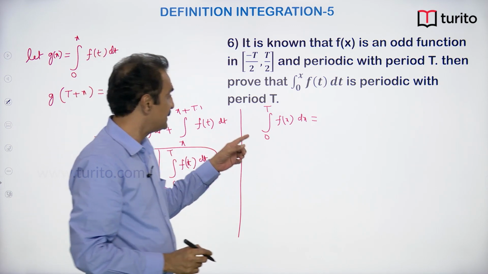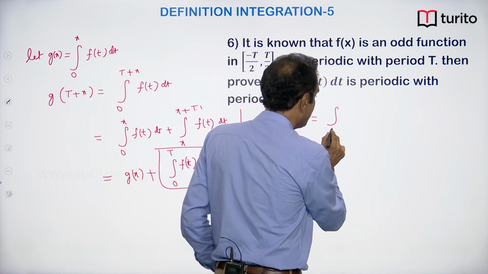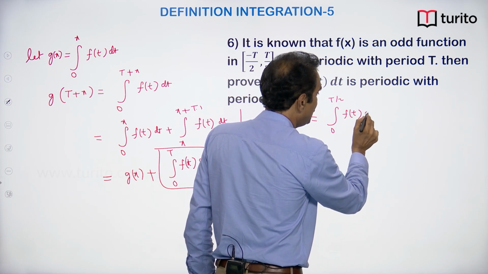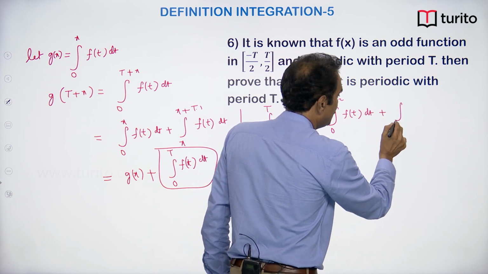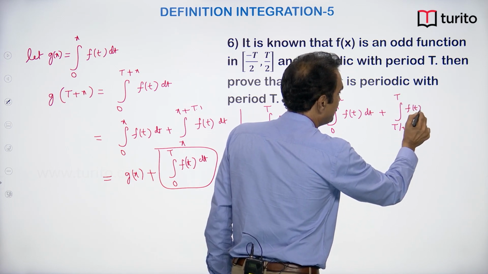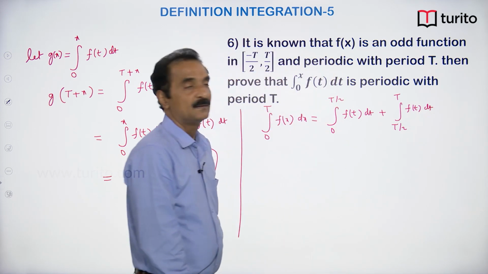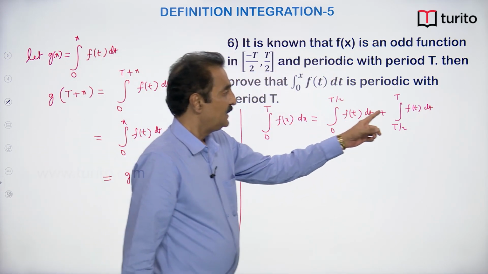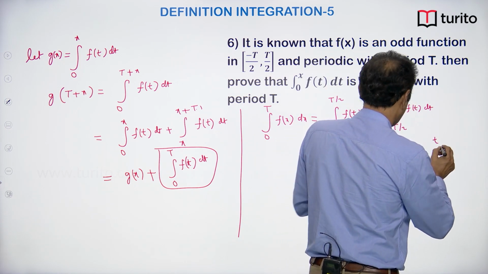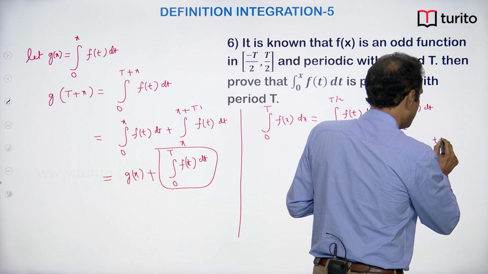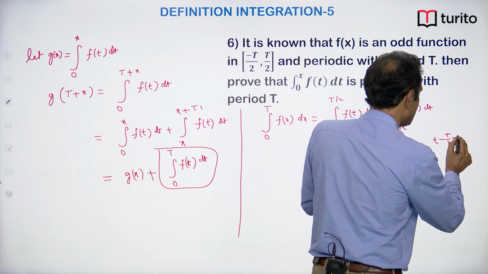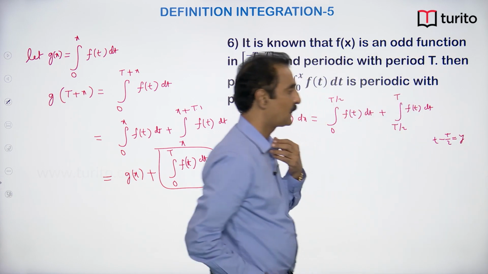We can write it as the integral 0 to T by 2 f of t dt plus the integral T by 2 to T f of t dt. In the second integral, put t minus T by 2 is equal to some y.